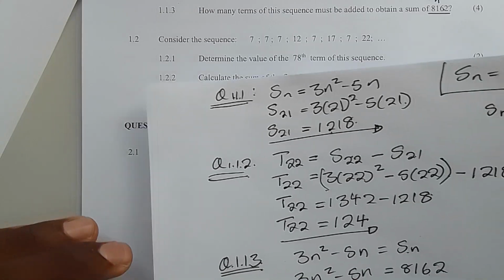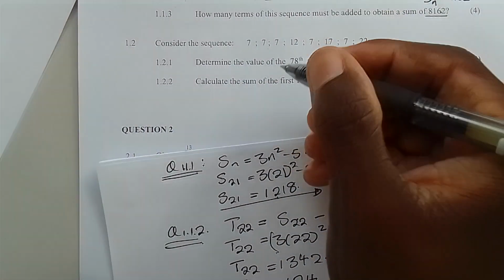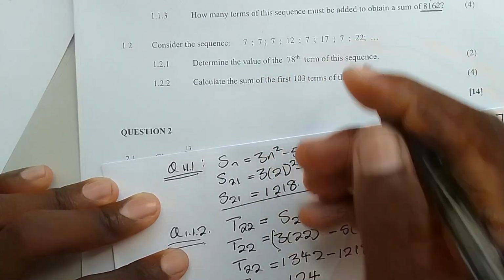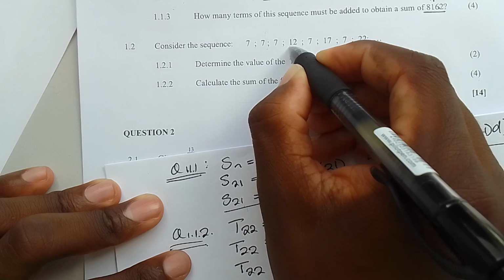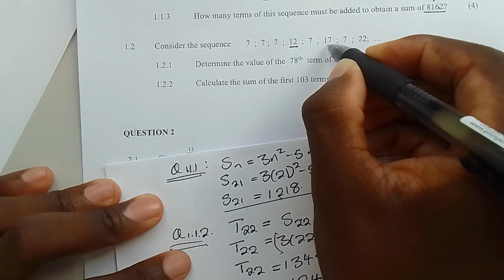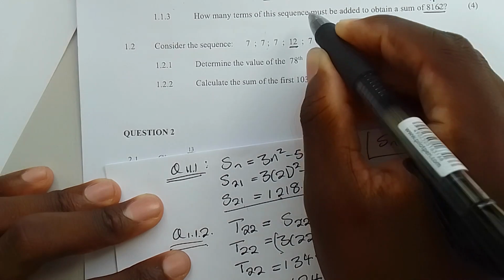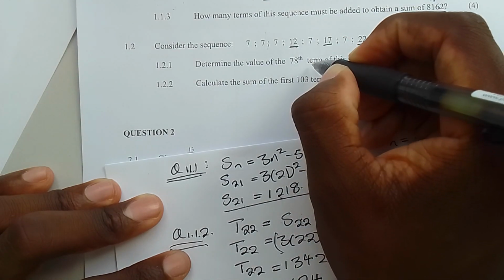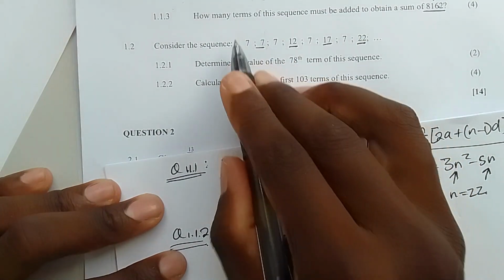I want you to realize something here. If you look at this sequence, there is 12, 17, 22, and they are divided by 7. There's a 7 here, and it's divided by 7.